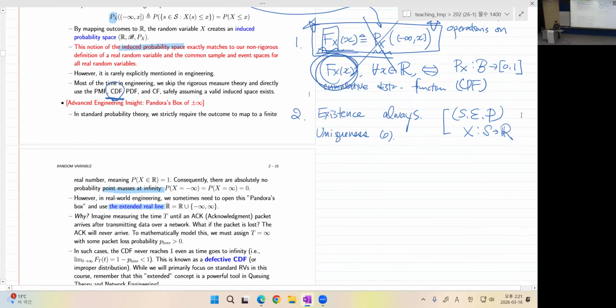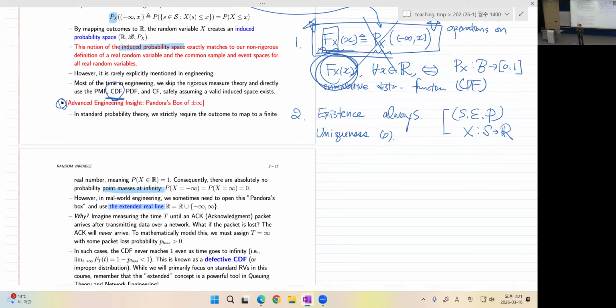By the way, here is a be-alert type note. There are some engineering problems where you want to assign, for example, plus infinity as the output of a random variable. For example, suppose you send an IP packet on the internet and you want to receive the acknowledgement.